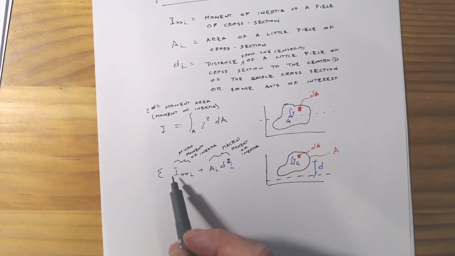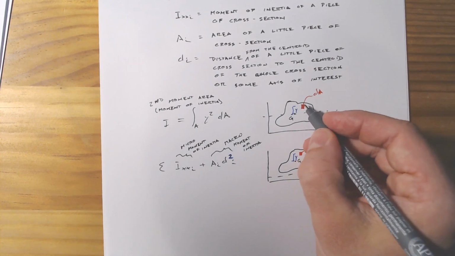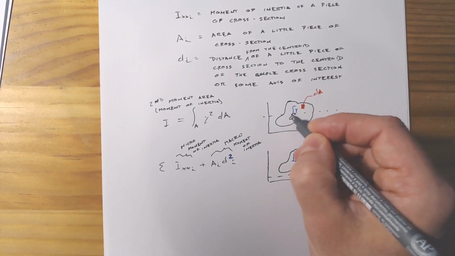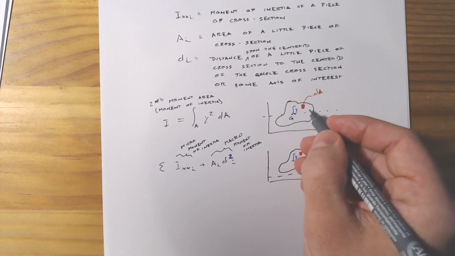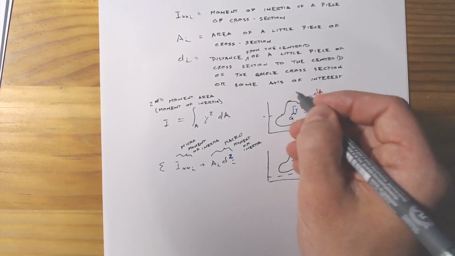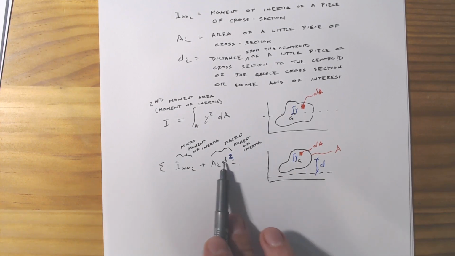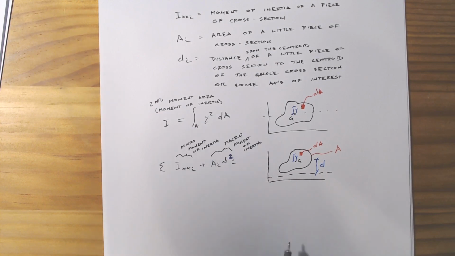We're just accounting for not only the effort to spin this little piece about the centroid, but each and every little piece about the centroid, and this whole area about some given axis. Now, you can also see that if we were spinning around the centroid, the distance d to the centroid goes to 0, and then we just end up with this here.